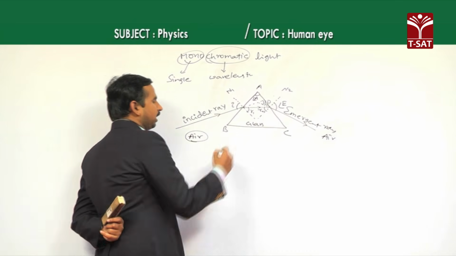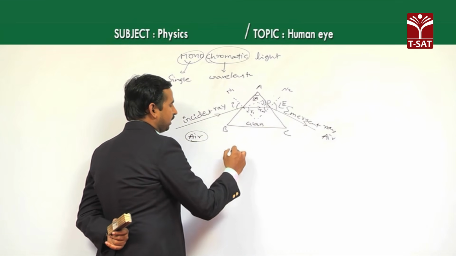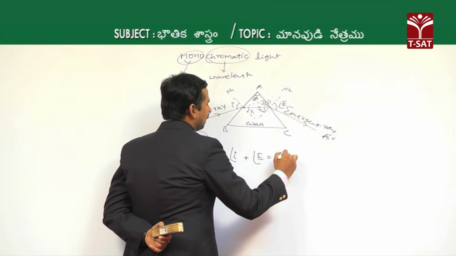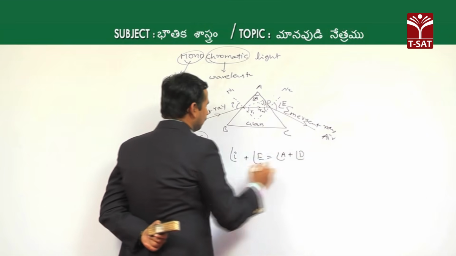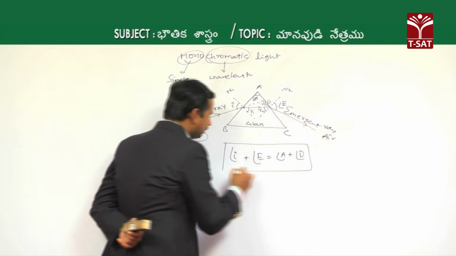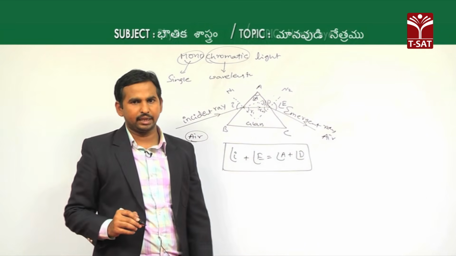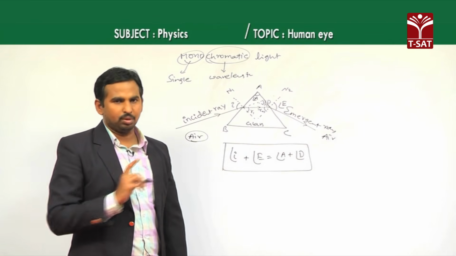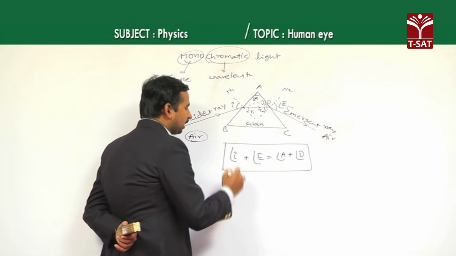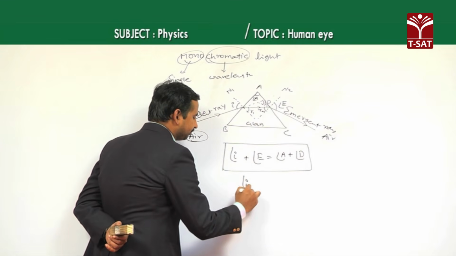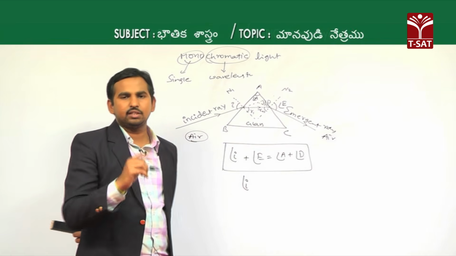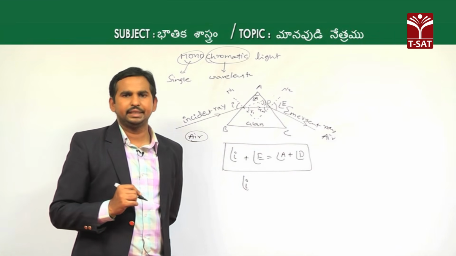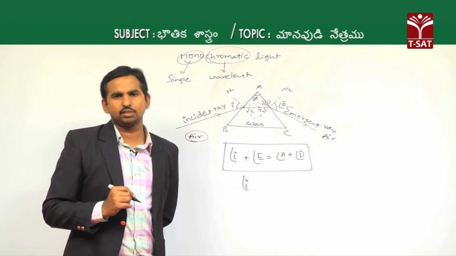If you take a relation between these four angles, we get: angle of incidence plus angle of emergence is equal to angle of the prism plus angle of deviation, that is, I plus E is equal to A plus D. But remember, if you gradually increase the angle of incidence, the angle of emergence decreases.